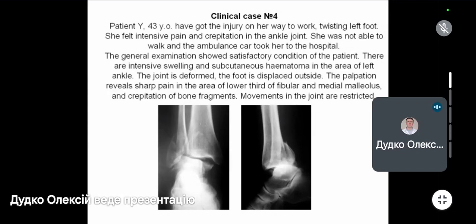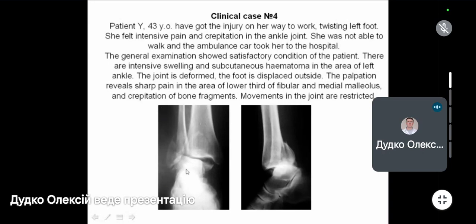So local anesthetics are injected in the area of fracture, here and here. And after that, we are performing the reduction, manual reduction, in 3 steps. So traction along the axis of extremity. Then we are correcting this deformity.